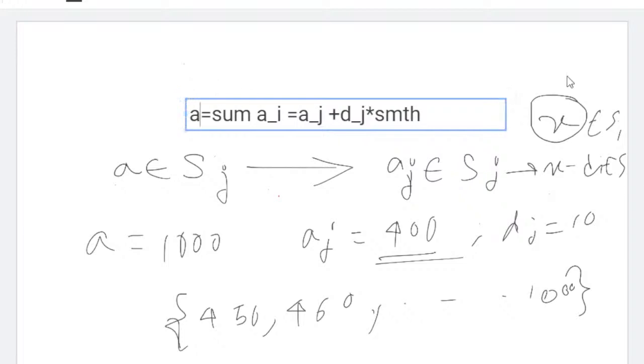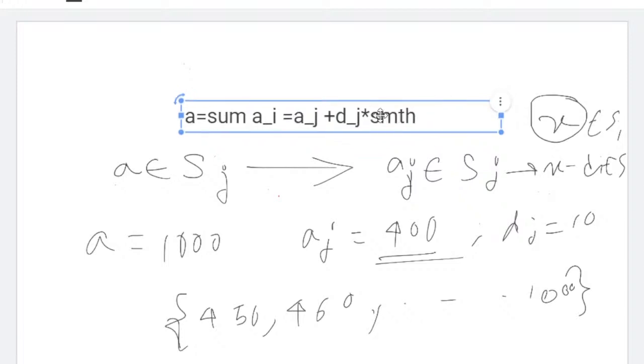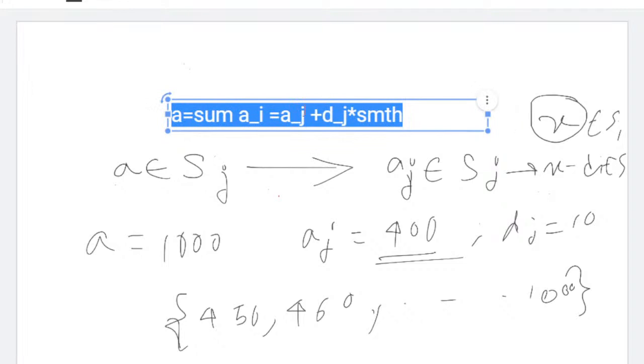I think this still works. Say for contradiction that J is not... suppose for contradiction that A belongs to SJ, and suppose that AJ doesn't belong to SJ. Now, if you write A is equal to AJ plus DJ into something, AJ needs to belong to some set.